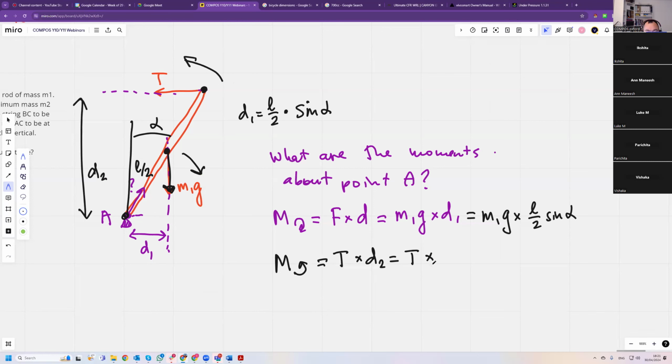D2 is going to be L multiplied by cos alpha, right? Because this is alpha from the right angle. This is L. We get L cos alpha.